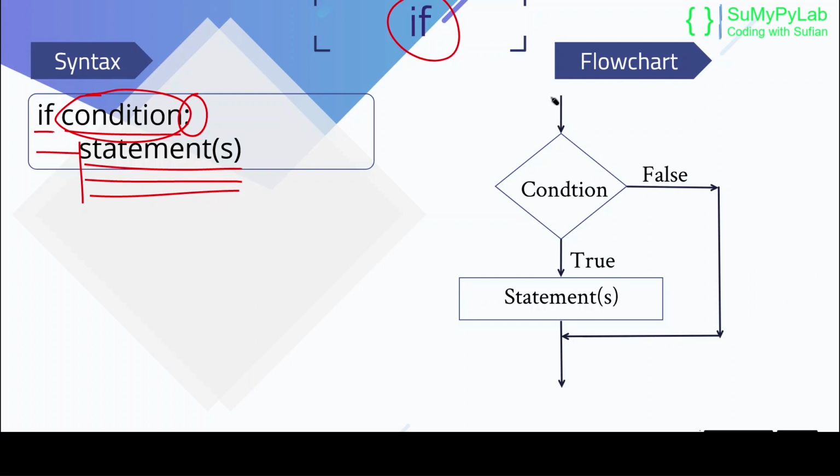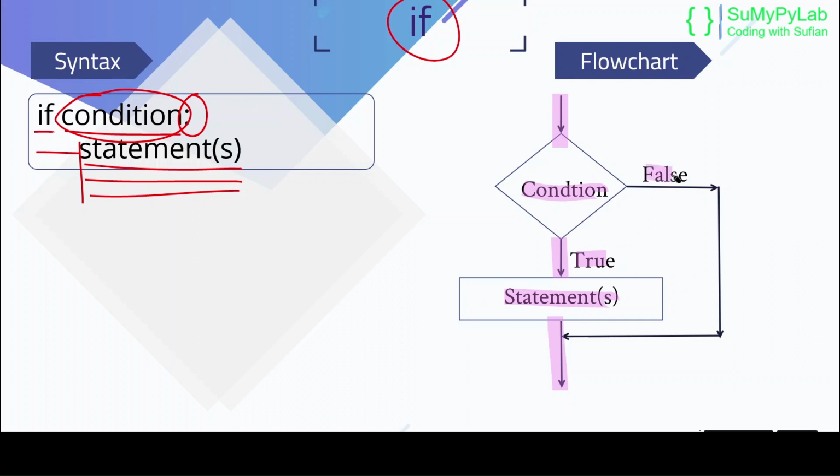Now look at the flowchart. Here the control of the program enters the if statement, and here the condition is checked. If the condition is evaluated as true, then the control goes into the if block and the statements here will be executed, and the control will go to the immediate next statement after the if statement.